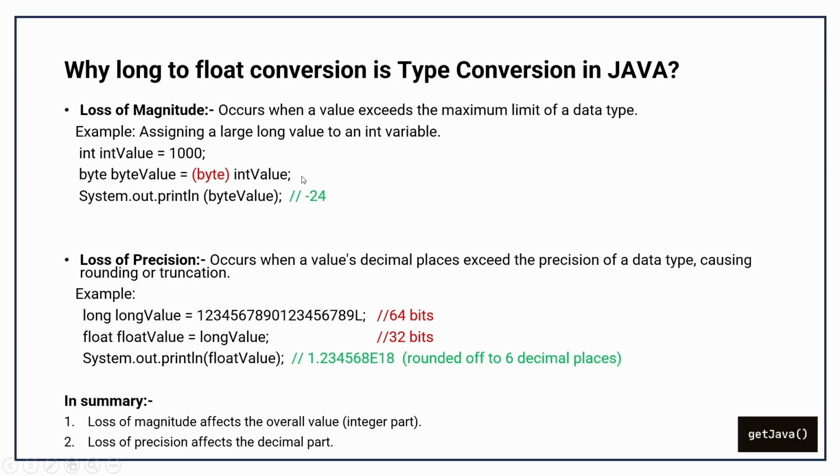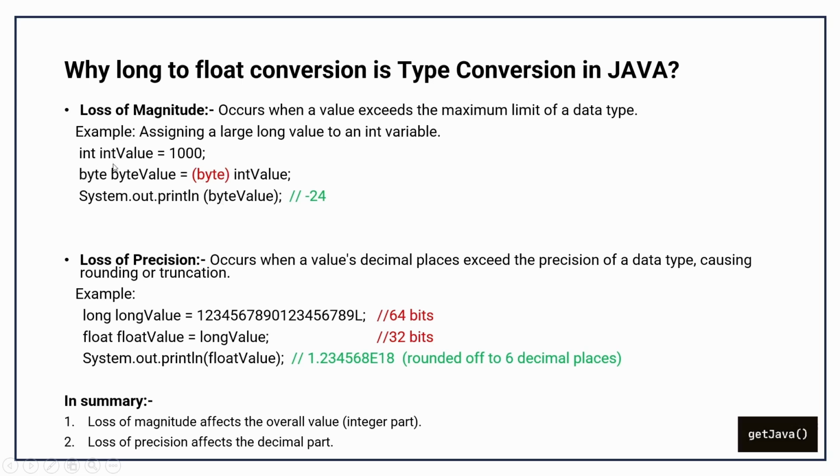So there is an exception when we try to convert long data type to float data type, because long is 64 bit and float is 32 bit. Still we don't have to manually convert long to float as seen in previous examples. In the previous example we saw that if we try to store a value from a larger data type in a smaller data type, then manual conversion is required.